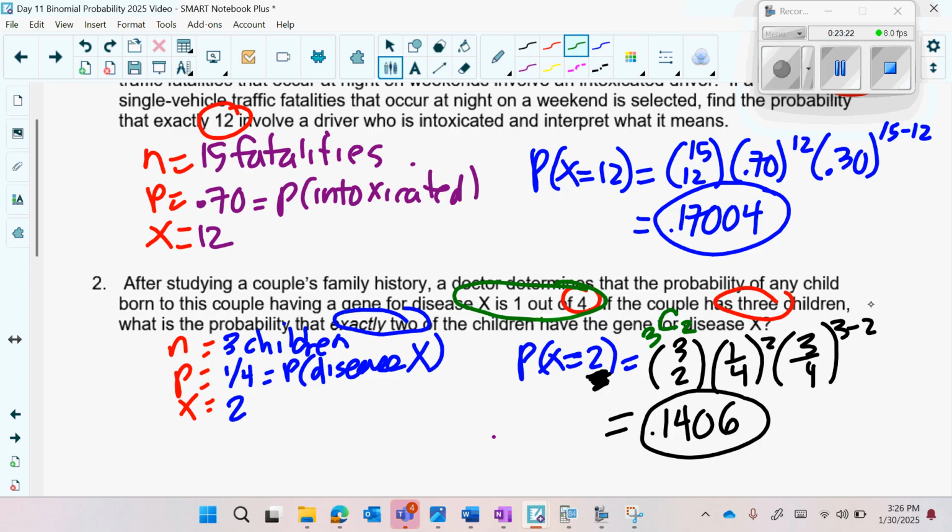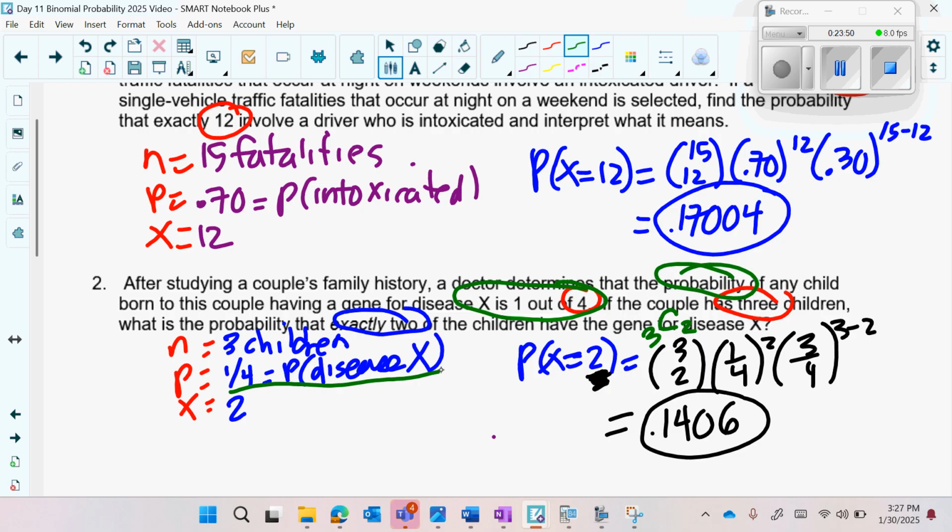I do want to mention where there's a misconception is that kids sometimes think that this is going to be 1 for the X value because they see 1 out of 4. So they think that means that you're getting 1 kid success out of 4. And that's not true because they're saying the probability of getting gene X is 1 out of 4. So the number of kids who have disease X is actually independent of the probability of success.